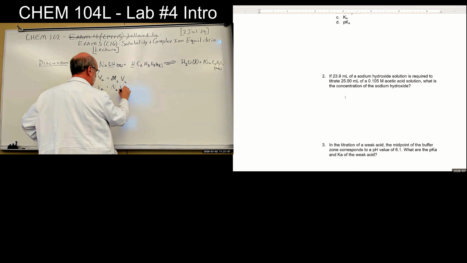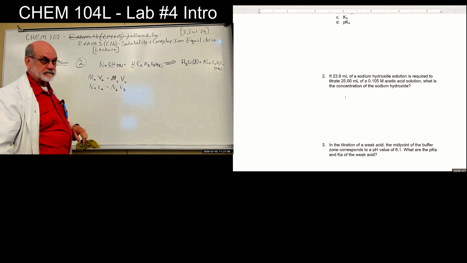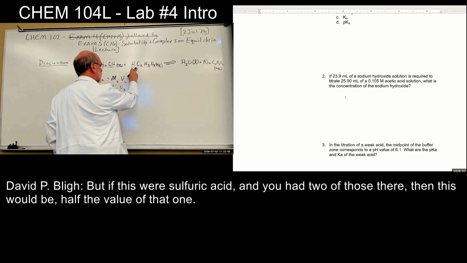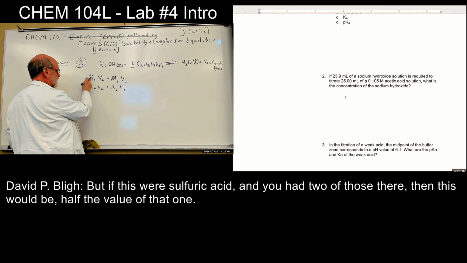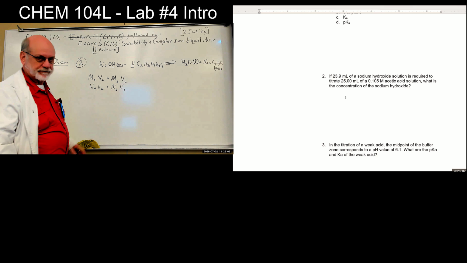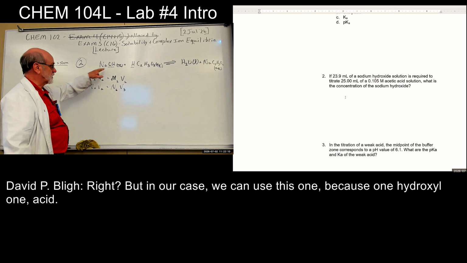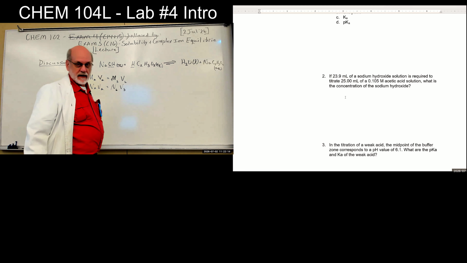So if this is 1 molar and that's 1 molar, then that'd be 1 normal and 1 normal. But if this were sulfuric acid and you had 2 of those there, then this would be half the value of that one. But in our case, we can use this one because it's 1 hydroxyl, 1 acid.